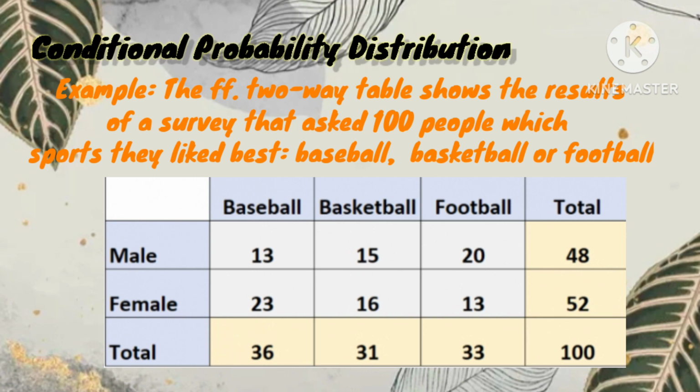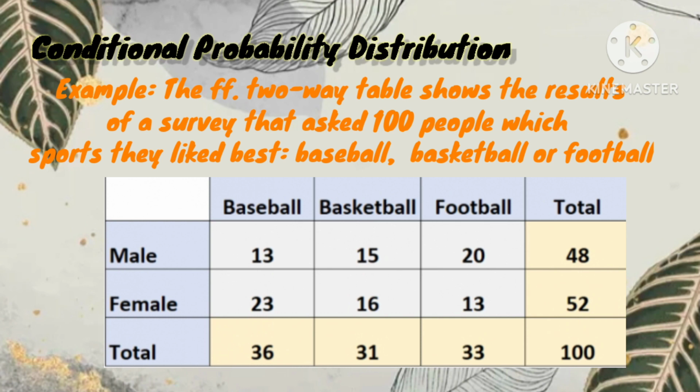The following two-way table shows the result of a survey that asked 100 people which sport they liked best: baseball, basketball, or football. If we want to know the probability that a person prefers a certain sport given that they are male, then this is a conditional distribution.